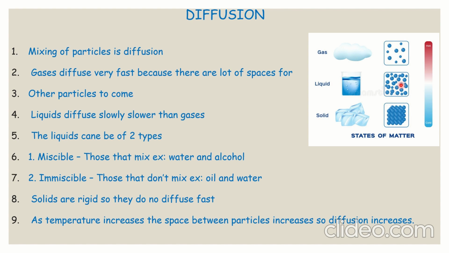Water and alcohol are two liquids which mix with each other, right? Water is transparent, alcohol is transparent, correct? So they mix up and you can't tell whether it's alcohol, water or a mix of both. So they're miscible liquids. They mix up without leaving any marks.